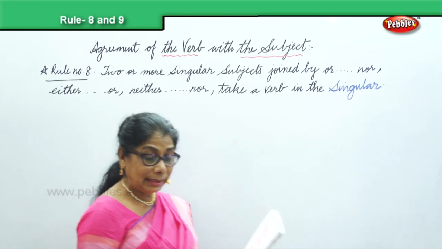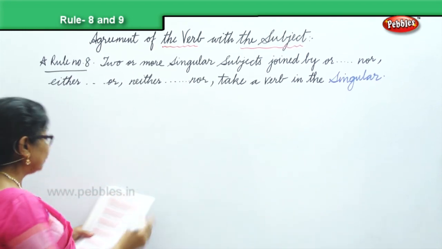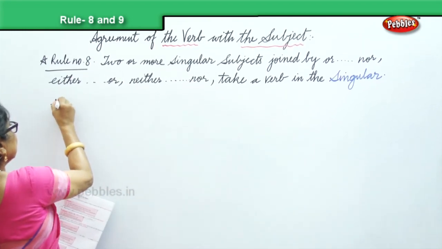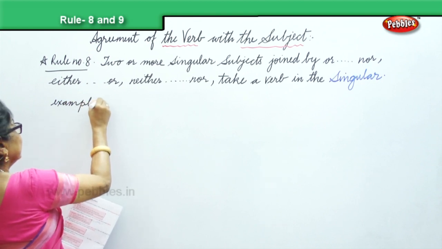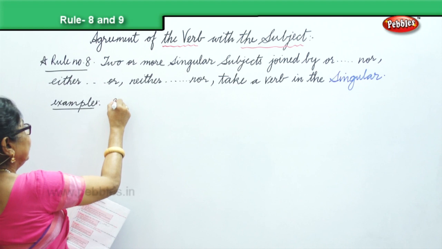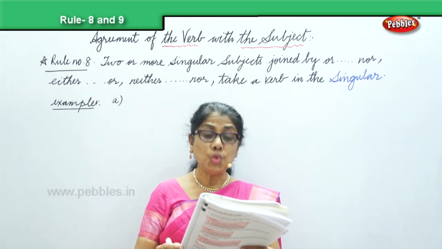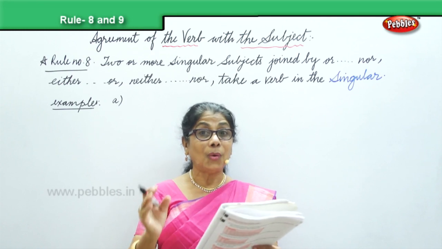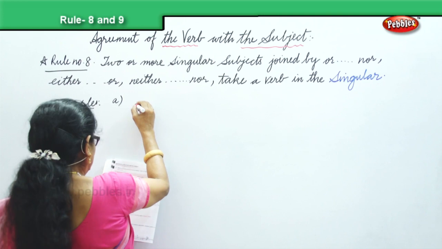Let's look at the examples we have here. First example is, neither Deepa nor her brother was there. Singular form of verb.